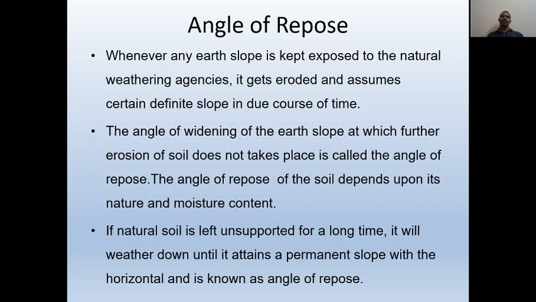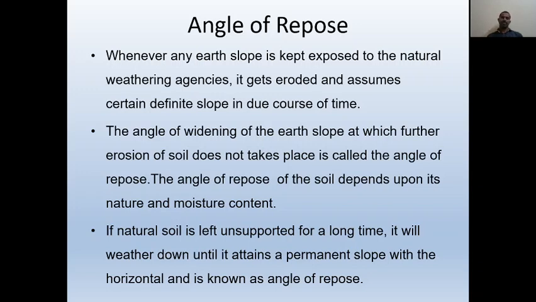Whenever any earth slope is kept exposed to natural weathering agencies, it gets eroded and assumes a certain definite slope in due course of time. The angle of the earth slope at which further erosion of soil does not take place is called the angle of repose. The angle of repose of soil depends on its nature and moisture content.